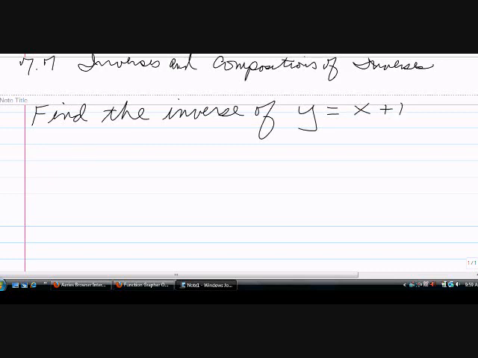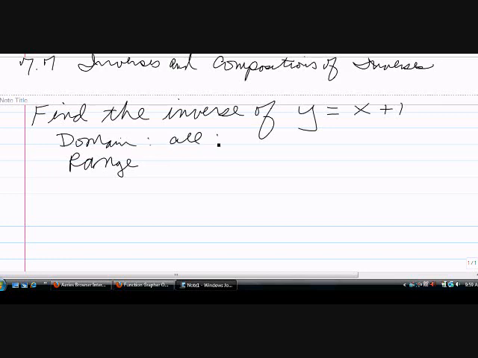So the domain and range, R-A-N, there we go, of a linear function. So we're going to find the inverses, and we're going to find the domain and range of each. The domain and range of a linear function.